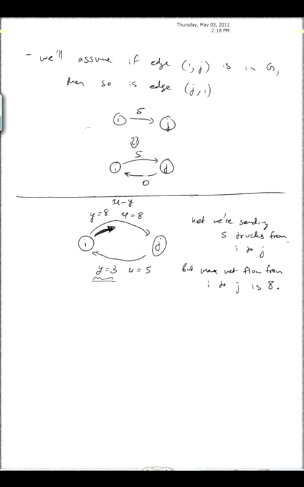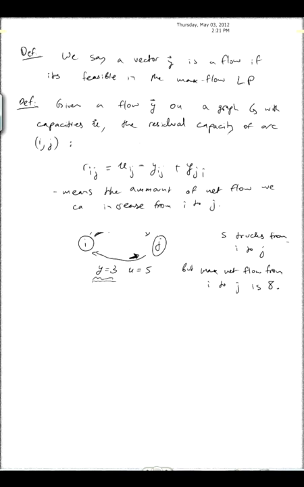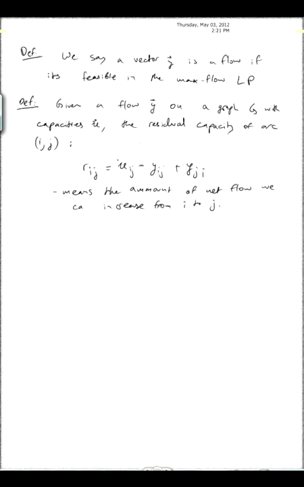So that would be U minus Y, because that's the capacity that we're not using. Another thing we could do is back off on the trucks that are going the other way. And so it's exactly those 2 terms that show up in the residual capacity definition.